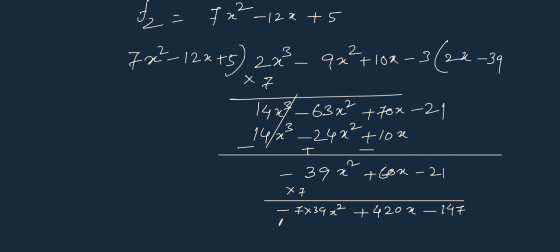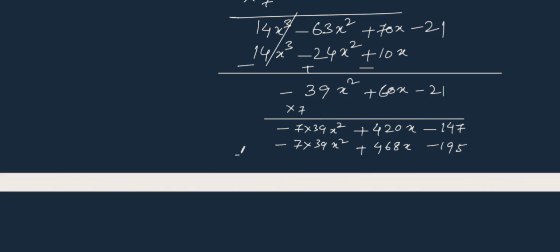So we'll get negative 7 times 39x square, 468x, and then negative 195. That means positive, negative, positive cancelled. Here we'll get negative 48x, positive 48.